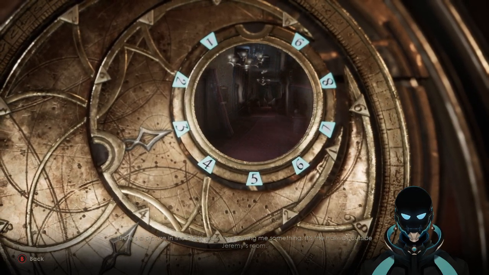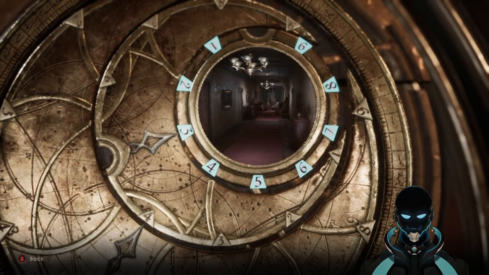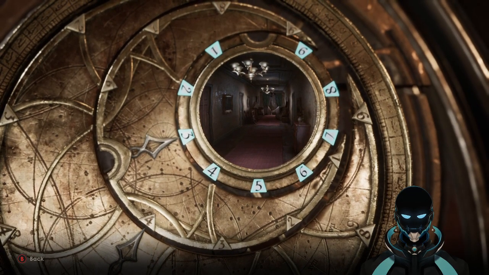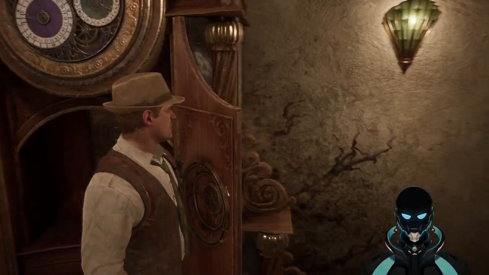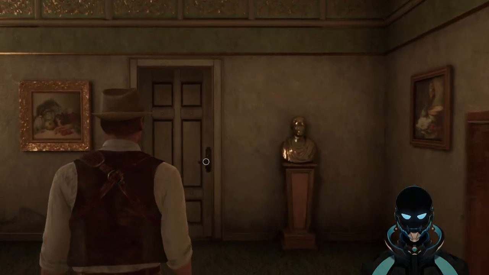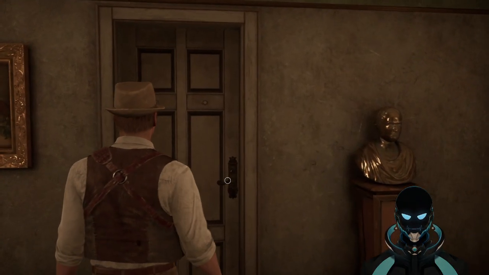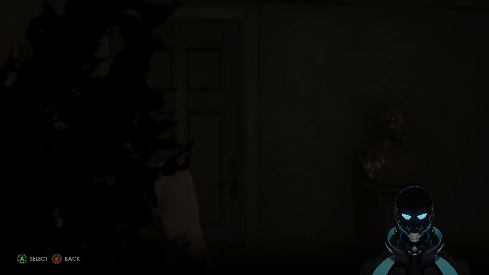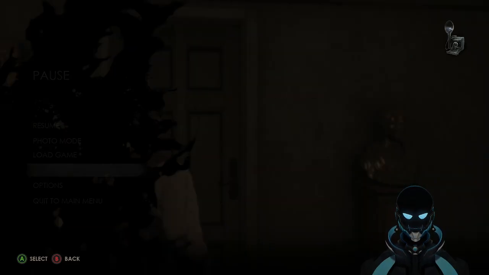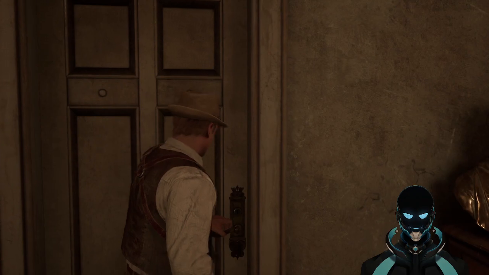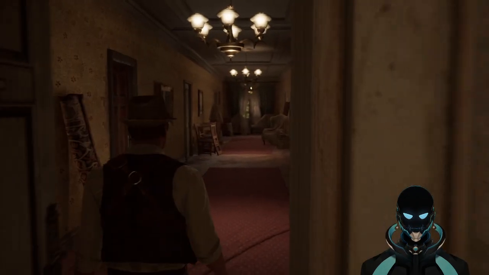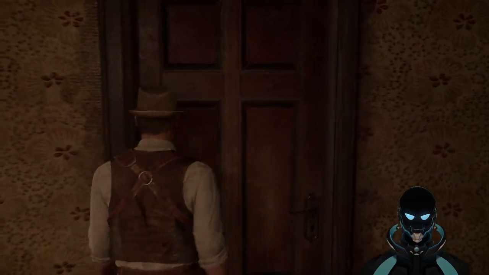It's the hallway outside Jeremy's room. Going back to New Orleans.